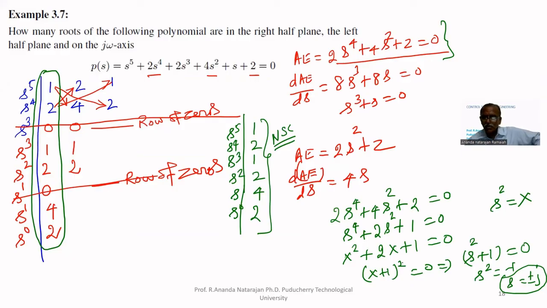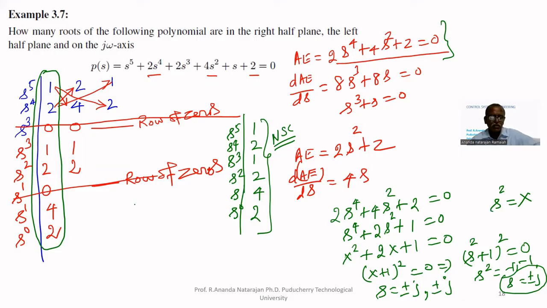So it is s square plus 1 whole square. Therefore, the roots are s square equal to minus 1, repeated. Therefore, s equal to plus or minus j, again plus or minus j.